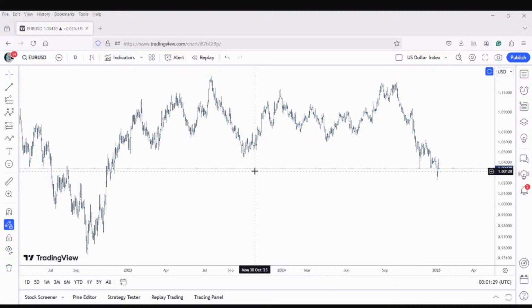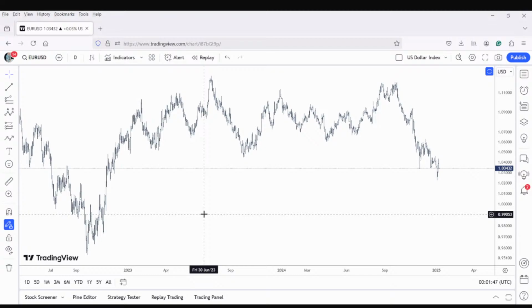Then gold, followed by Bitcoin, Ethereum, Solana, and Ripple. So we've got quite a few charts on hand, and if there is time, we'll take one or two questions, and also touch base with the indices later on in the New York session.